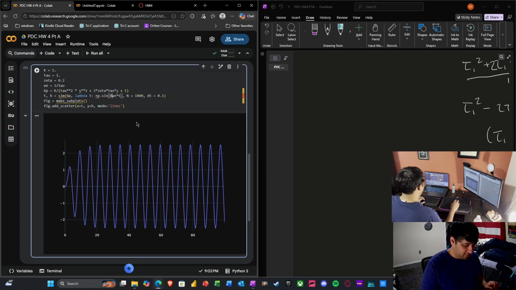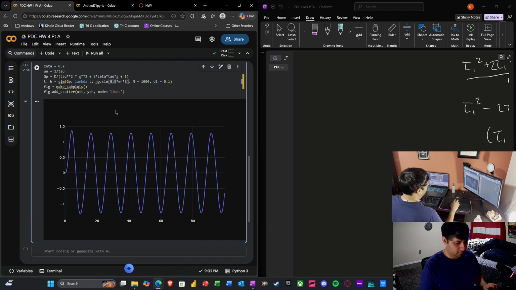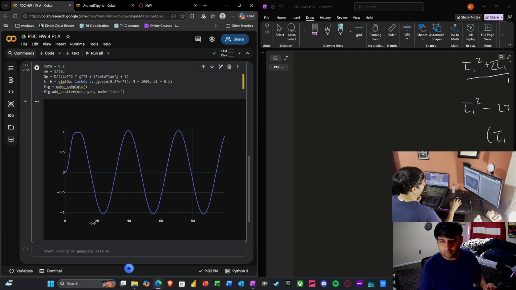So if we make it half that value, we can see our oscillations start to come a little bit wider. However, if we go even further, we can see they get really wide.